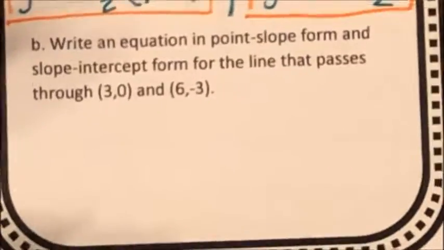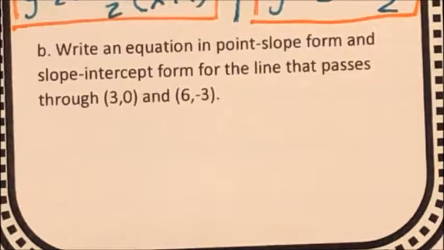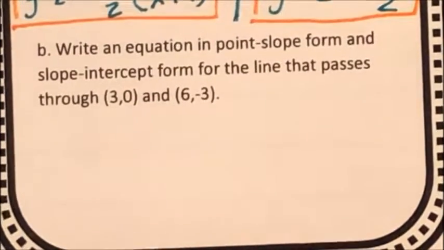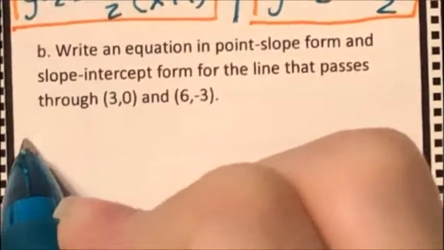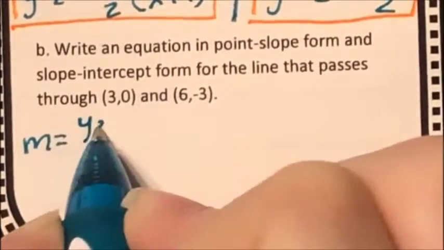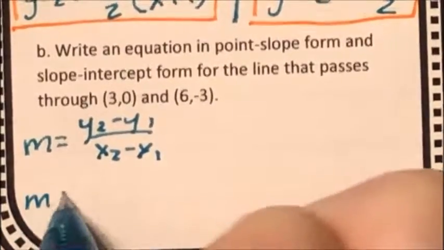Letter B says write an equation in point slope form and slope intercept form for the line that passes through 3, 0 and 6, -3. So the first thing I need to do is find my slope. So slope is m equals y2 minus y1 over x2 minus x1.